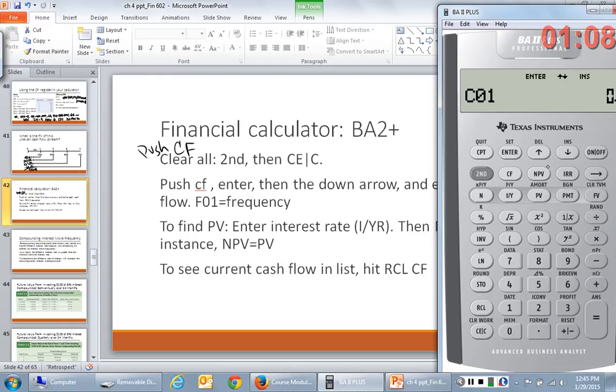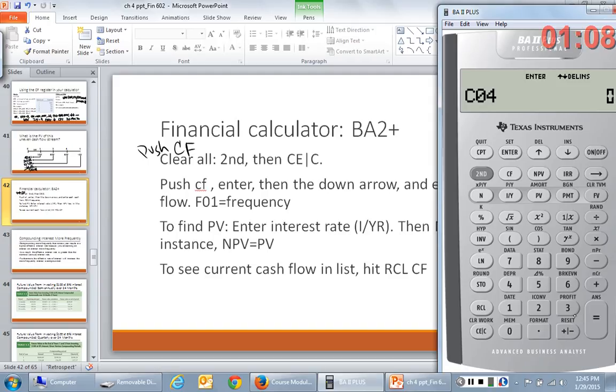Enter and the down arrow. Cash flow at time period 1 was 100. Enter and the down arrow twice. Cash flow at time period 2 is 300. Enter and the down arrow twice. Cash flow at time period 3 is 300. Enter and the down arrow twice. Cash flow at time period 4 is a negative 50.